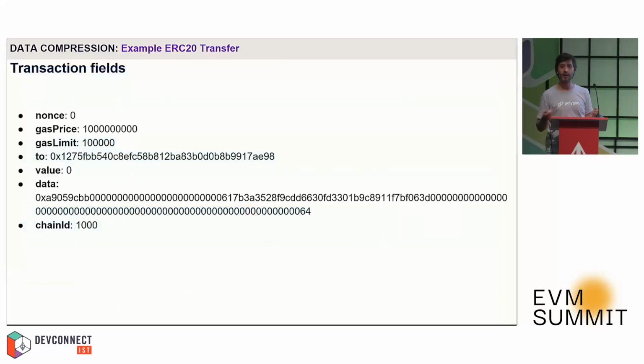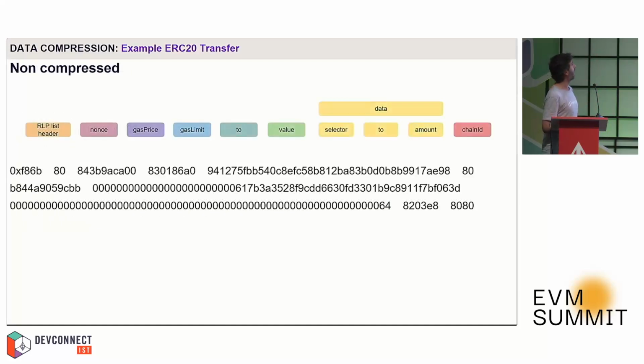Okay, and in order to understand it better, what about an example? Here is a standard ERC20 token transfer. These are all the standard transaction fields. This is a legacy transaction, and this is basically the RLP encoding that maybe you are very familiar with. First is the RLP list header, the nonce is 0, the gas price has a header of 1 byte and then read 4 bytes, the gas limit is exactly the same.